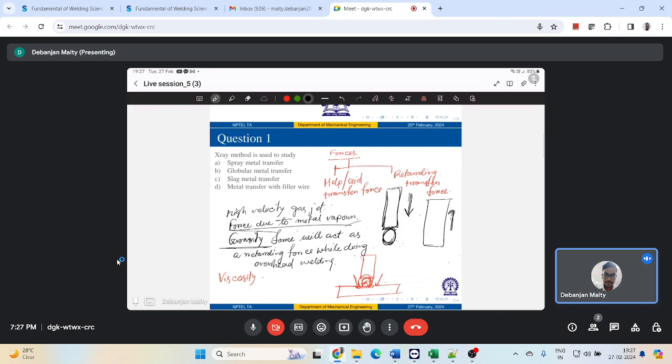So it says X-ray method is used to study spray metal transfer, globular metal transfer, slag metal transfer, and metal transfer with filler wire.